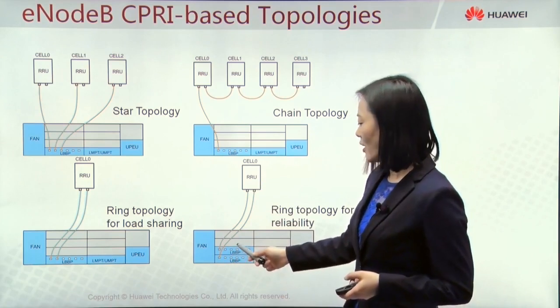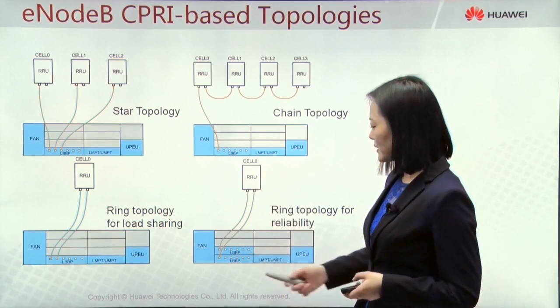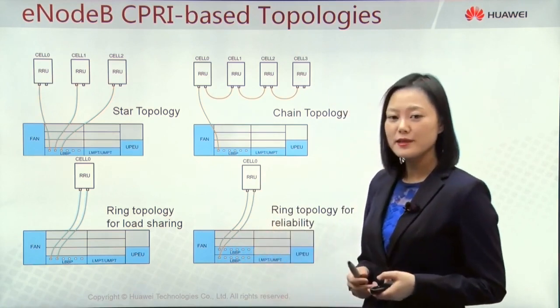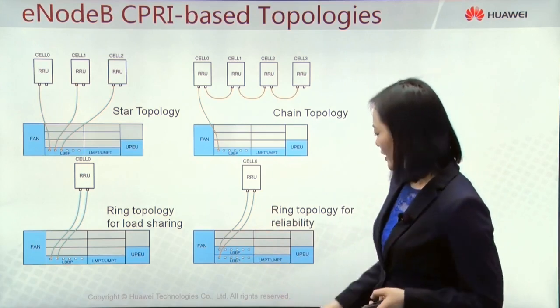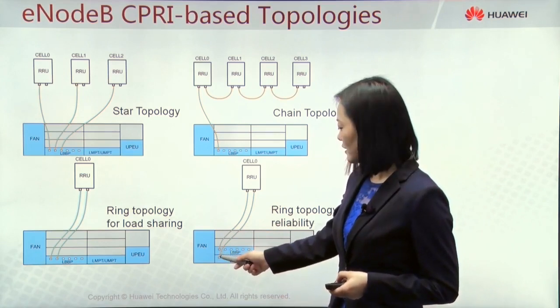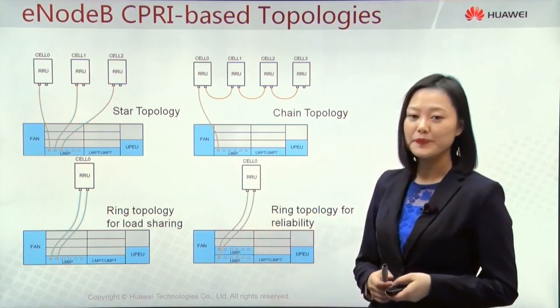So this type is hot backup in different BBP boards. So this type can provide better reliability compared with cold backup. If this board is faulty, the service can switch to another board, to another separate cable.